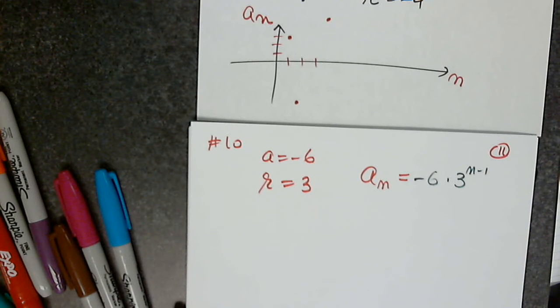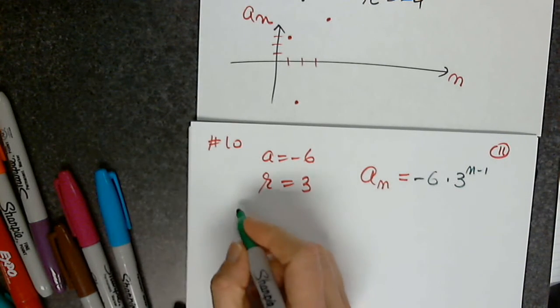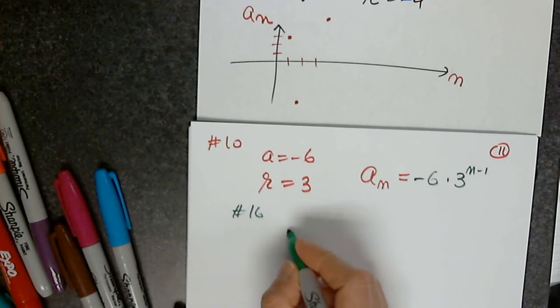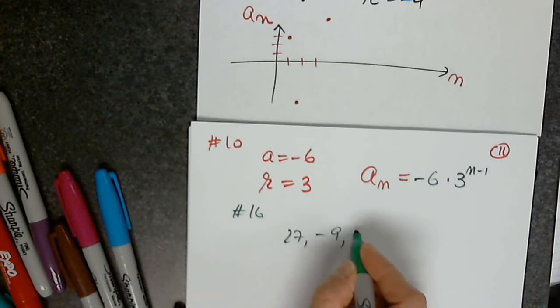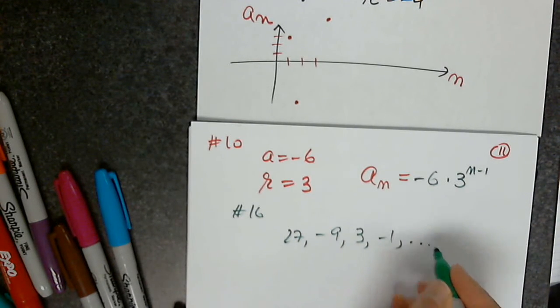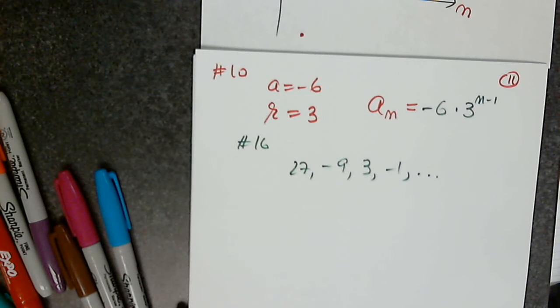Determine whether the sequence is geometric. If it is geometric, find the common ratio. Let's say 27, we have negative 9, we have 3, we have negative 1. Is this sequence geometric? If it is, find the common ratio.